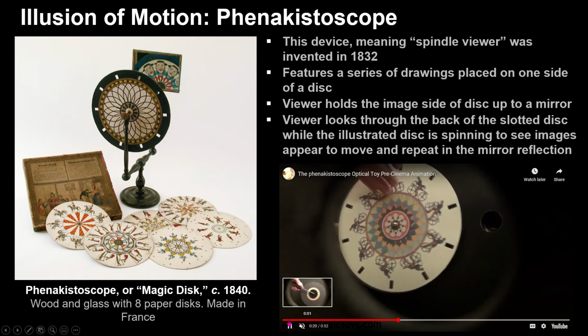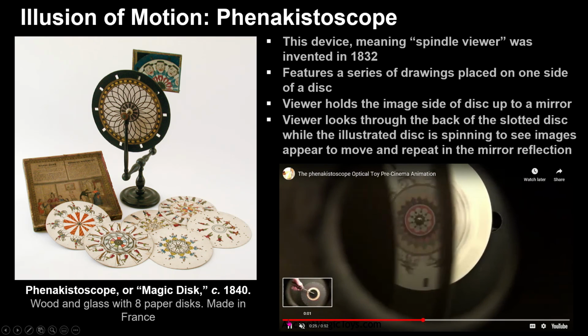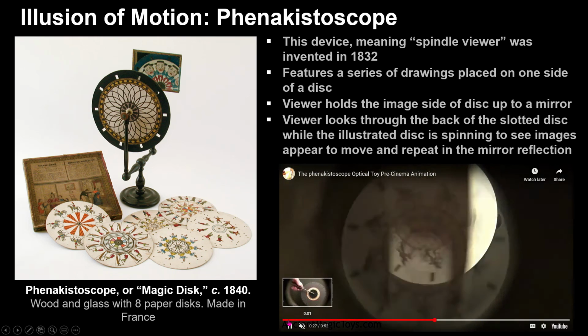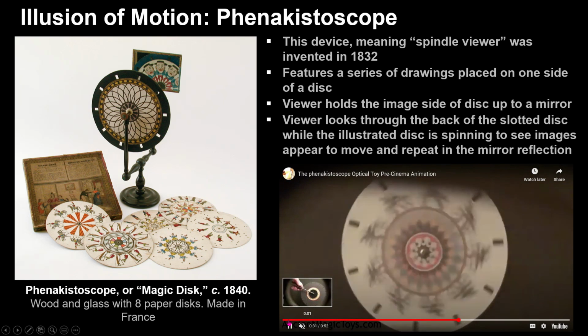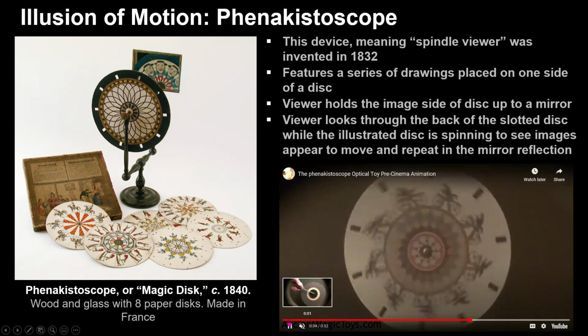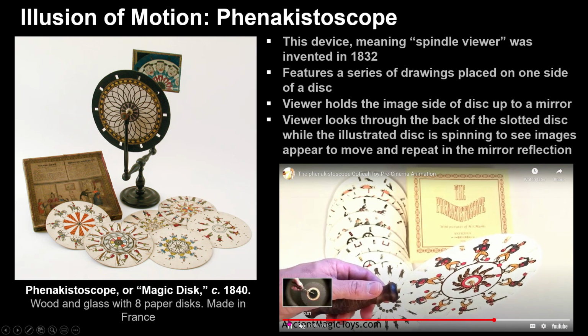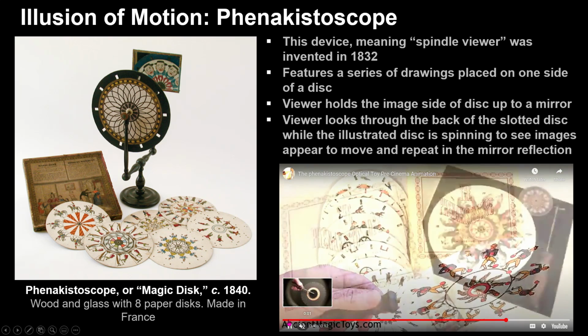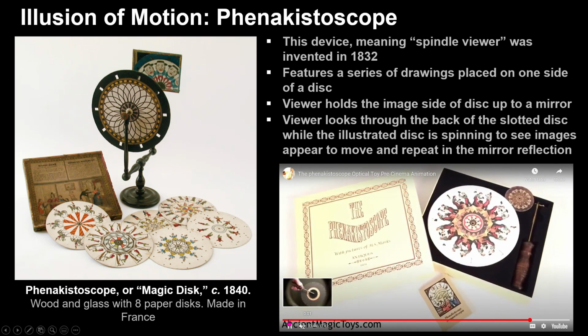The drawing is placed on one side, and then the viewer holds this image side up to a mirror. As you look through the slots and see the reflection in the mirror, you're given the illusion of movement. But of course, there is no movement. What you're actually seeing is a series of still images that are moving very, very quickly.